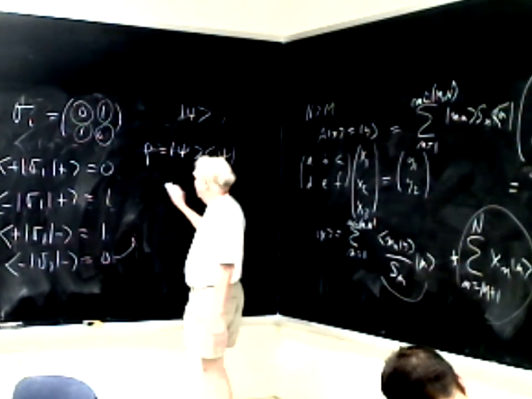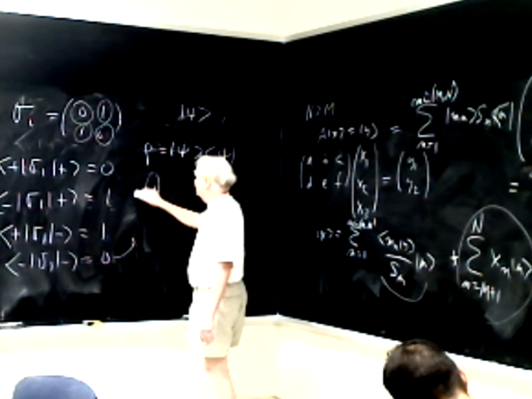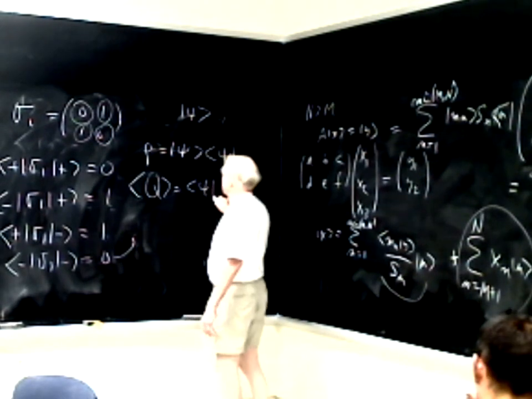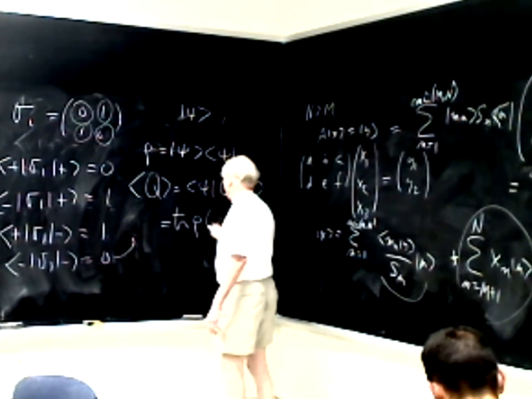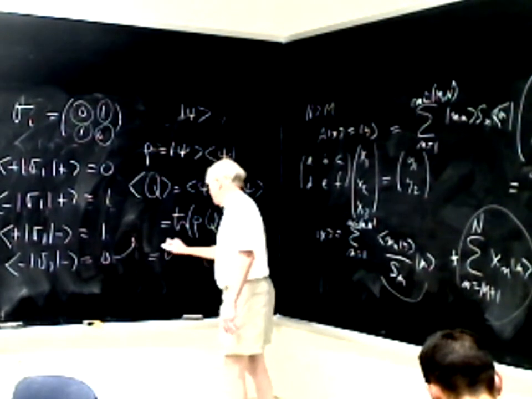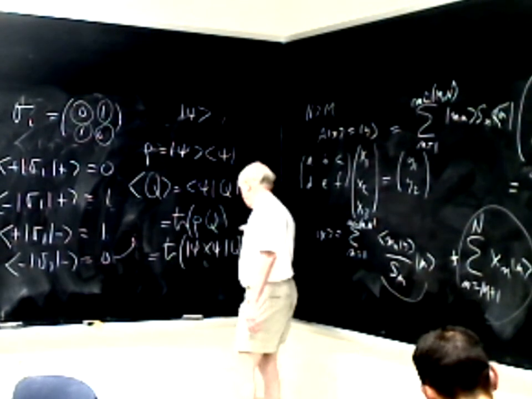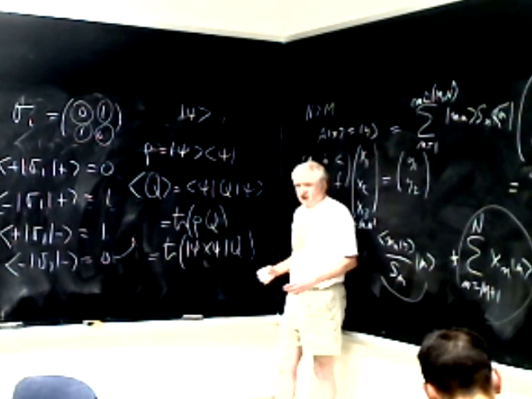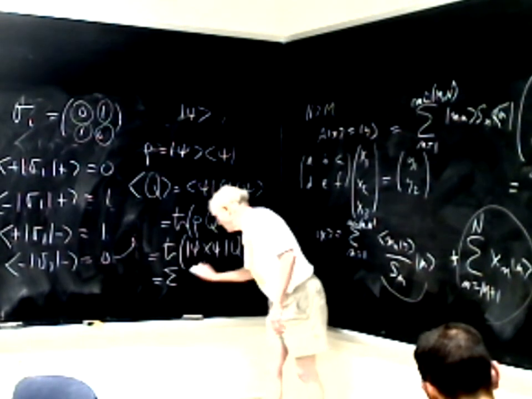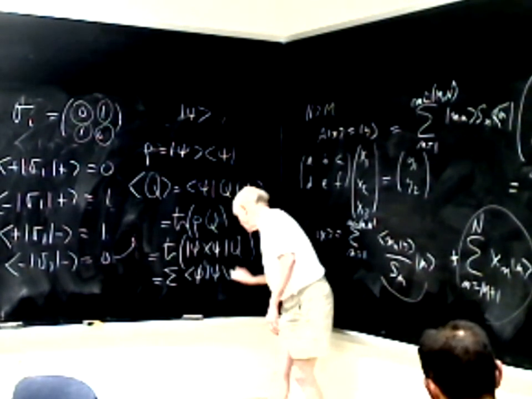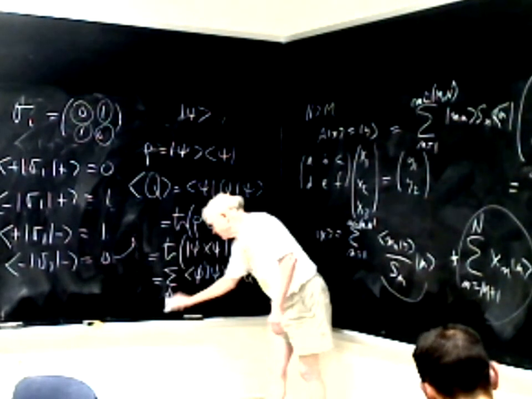And then for any physical operator, say Q, the mean value of Q in this state, you can write it as psi Q psi, but you could also write it as the trace of rho times Q, because that would just be the trace of psi psi Q. And now if you perform this trace, you want to perform the trace by performing a sum of diagonal matrix elements phi, psi, psi, Q, phi, summed over a complete set of states phi.